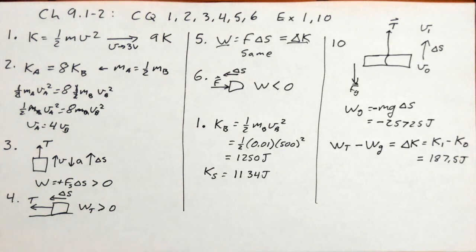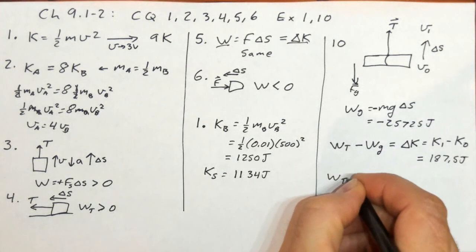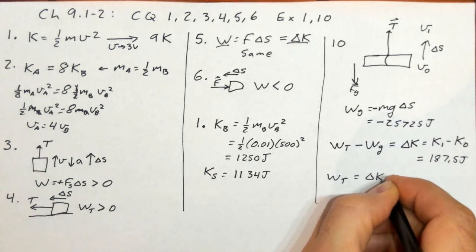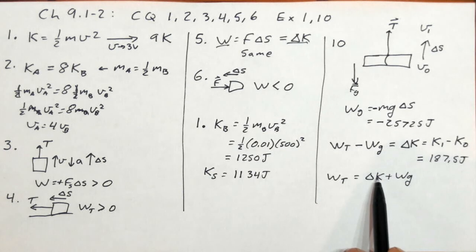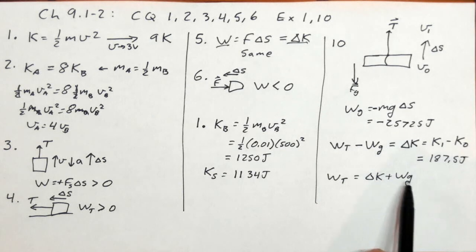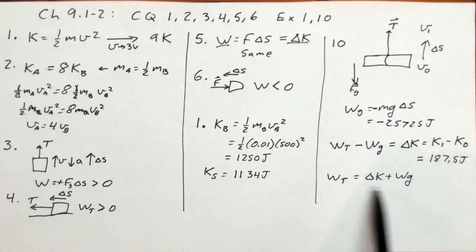Then we can just subtract off what we found, or add the gravity to the other side, giving us the work done by tension, which will be positive because the kinetic energy change here was positive, it sped up, and the work done by gravity was negative, but we subtracted the other side.